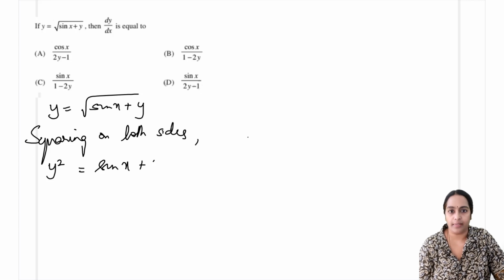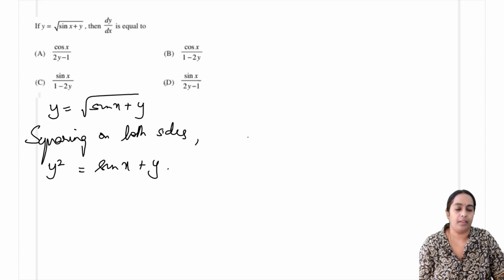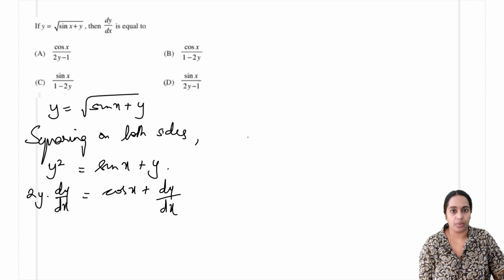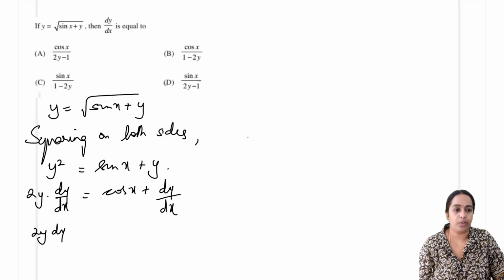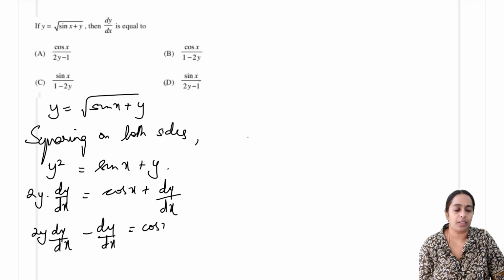So I will have sin x plus y. Now I will differentiate. It's going to be 2y dy by dx equals, when I differentiate sin x, I get cos x, and when I differentiate y with respect to x, it's going to be dy by dx. So I'll bring dy by dx terms all to the left hand side. So it will be 2y dy by dx minus dy by dx equals cos x.